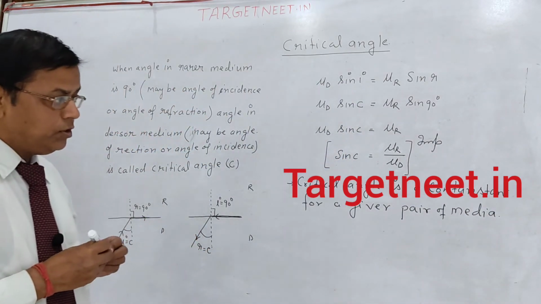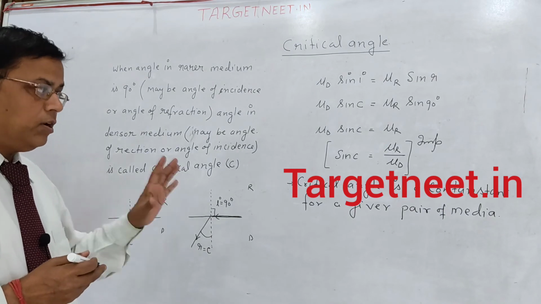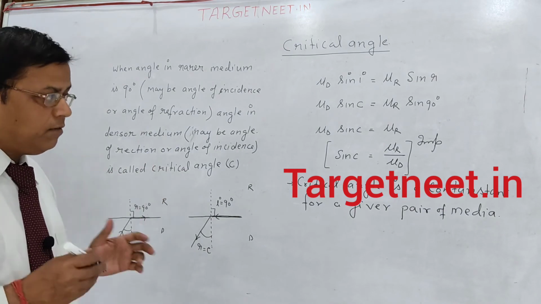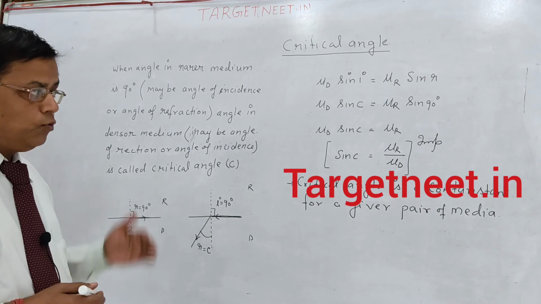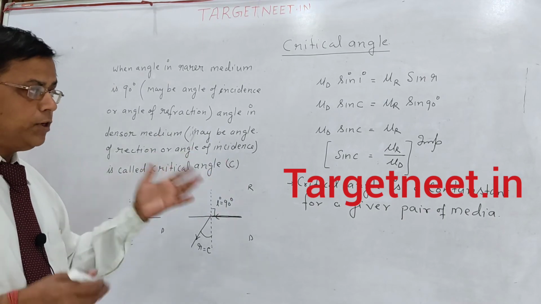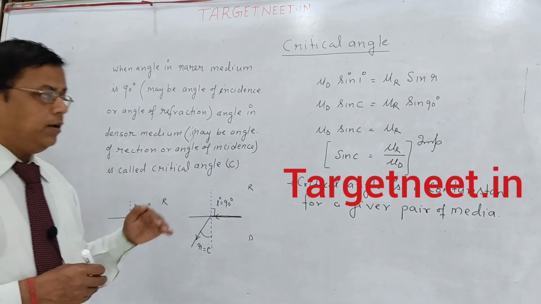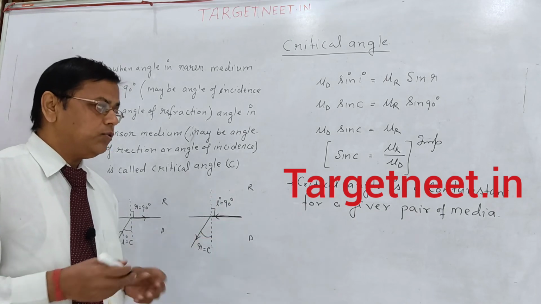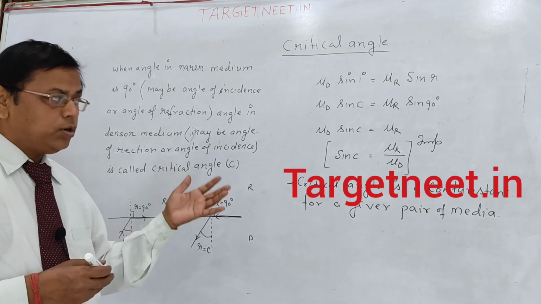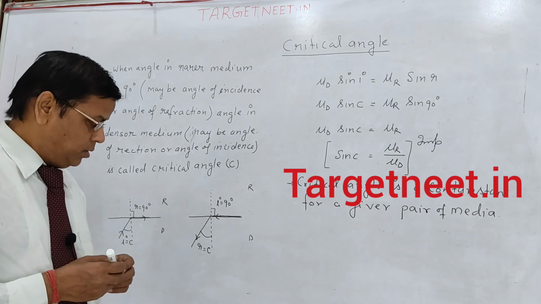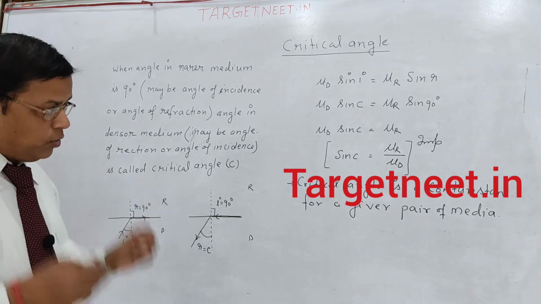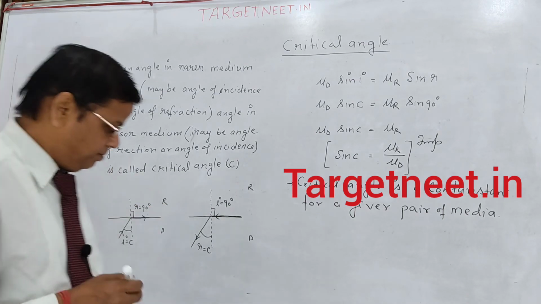Means if you change any one of the two media, the critical angle will change. Otherwise it is a constant. So for water and air, critical angle is constant. For air and glass, critical angle is constant. For glass and water, critical angle is constant. So critical angle is a constant for a given pair of media.